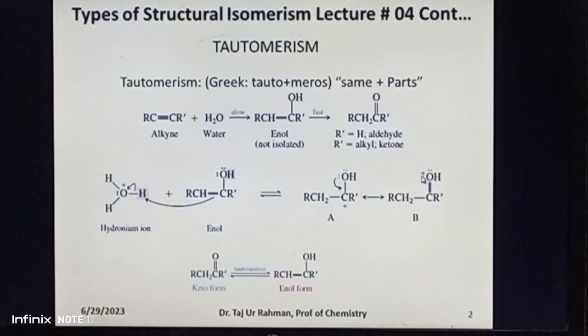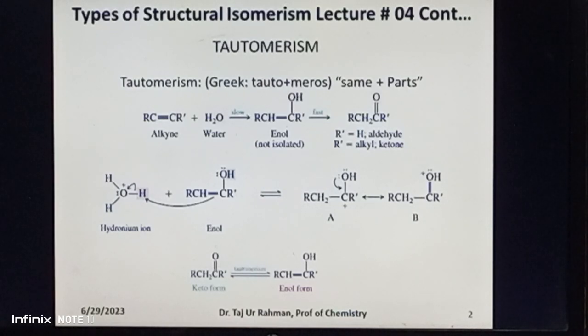Tautomerism can be defined as the isomers that can exist in two readily interconvertible forms and that differ remarkably from one another in the relative position of at least one atomic nucleus. Generally, hydrogen atoms are involved, and these isomers are known as tautomers and this phenomenon is known as tautomerism. The tautomeric equilibration is catalyzed by an acid or base.